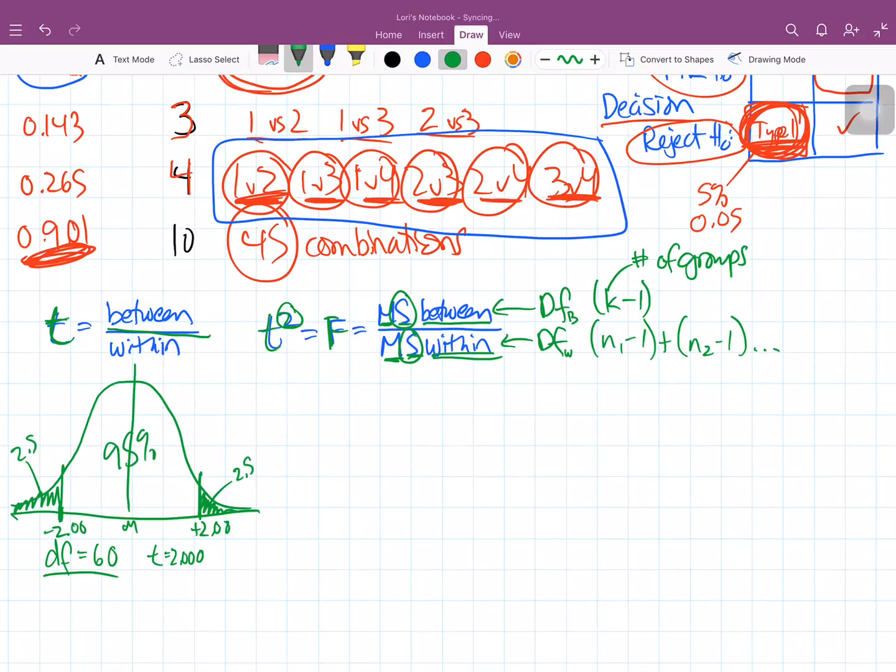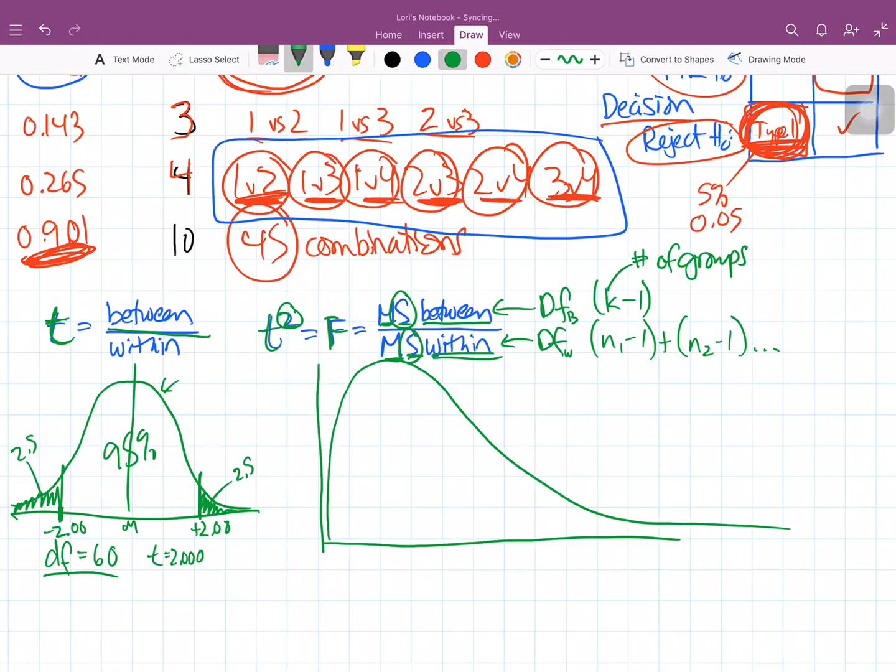If we were to take this same exact curve and we squared the curve, what you would end up with now is no longer going to be bell-shaped and symmetrical. It ends up being a shape that is more like this.